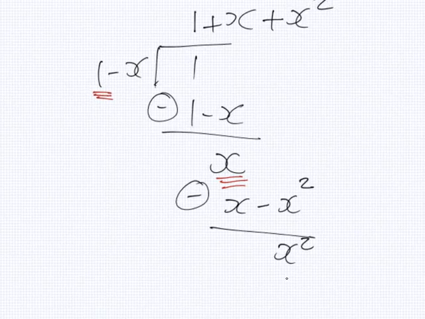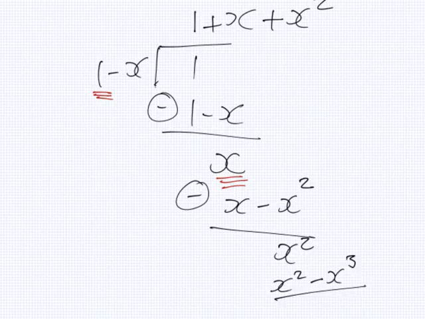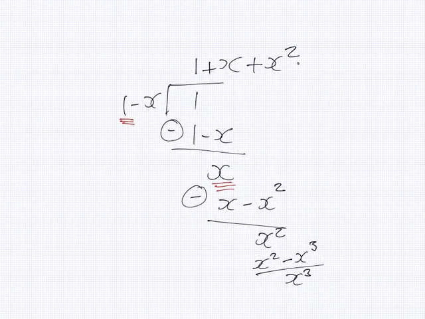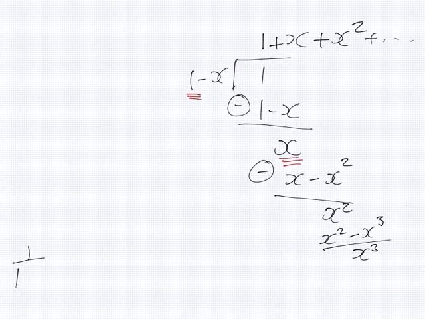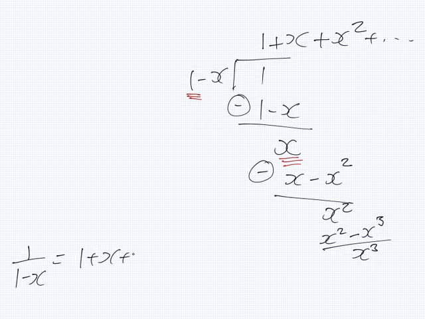And what do I get here? X squared minus x cubed leaves me with x cubed. So it's repeating, yeah. So it's just going to keep continuing like that. So you end up with this result. 1 over 1 minus x equals 1 plus x plus x squared plus x cubed, and it just continues like this.